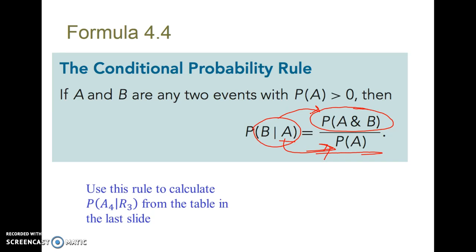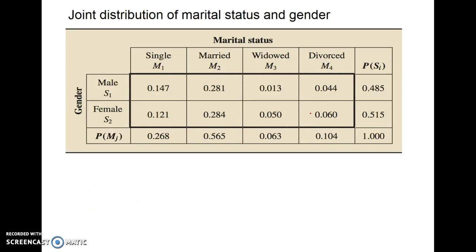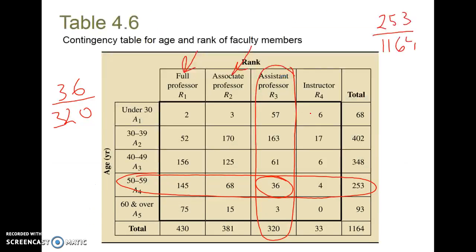We want to find the probability of A4 given R3. I'm going to go back to this table that we're working with. We want to find the probability of A4 given R3. So we're going to use the formula for this.